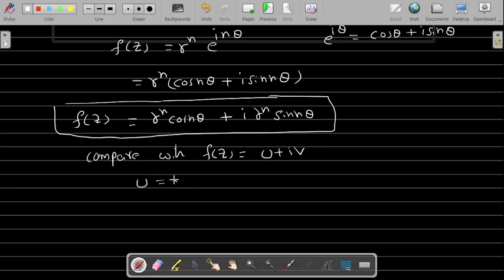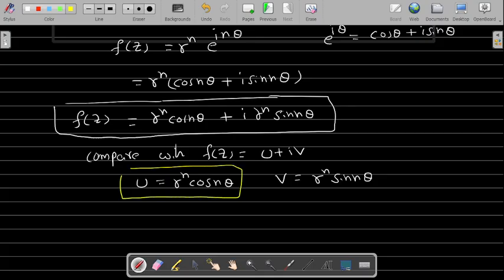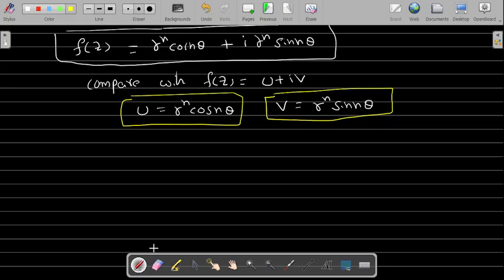So u equal to r power n cos n theta, and v equal to r power n sin n theta. You got u and v. Now we will check whether the CR equations are satisfied or not, then we decide whether it is analytic or not.